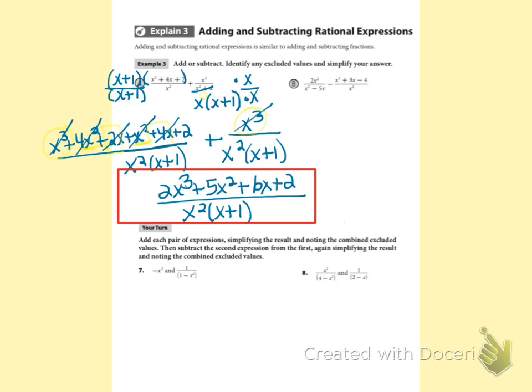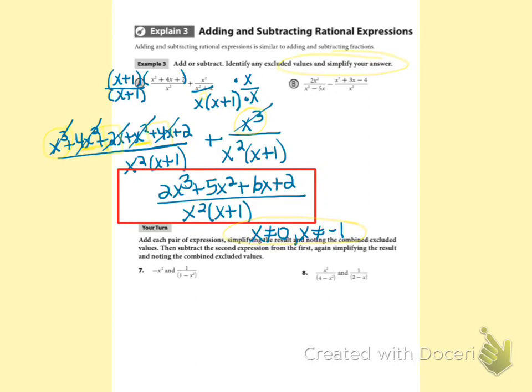And that's actually one of the things they asked us to do here, which was to give the excluded values. So we can tell right away that x cannot be 0, and we also know that x cannot be -1. Those are the excluded values. Those would actually be where either holes or asymptotes would lie. But they wanted us to identify those as well.